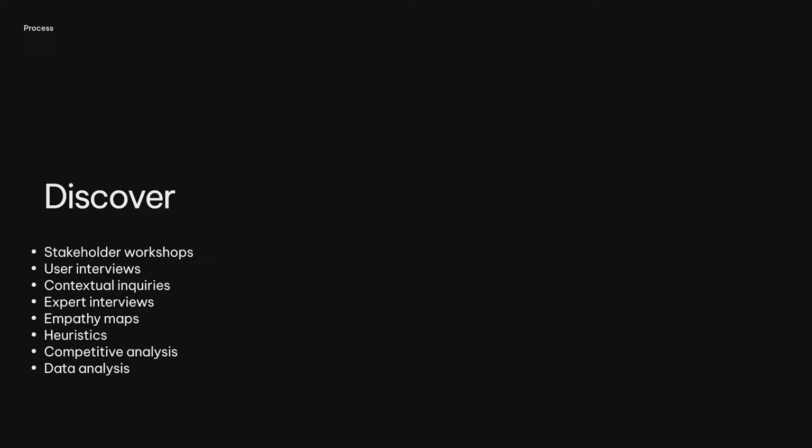Competitive analyses, which include looking at your main competitors and really auditing their experience and seeing where they might be doing better or worse than yourself. And then finally, data analysis. Hopefully there is some data out there. This is really speaking to quantitative, and that's through analytics tracking and looking at large numbers of data sets around how users are moving through your experience and so on.